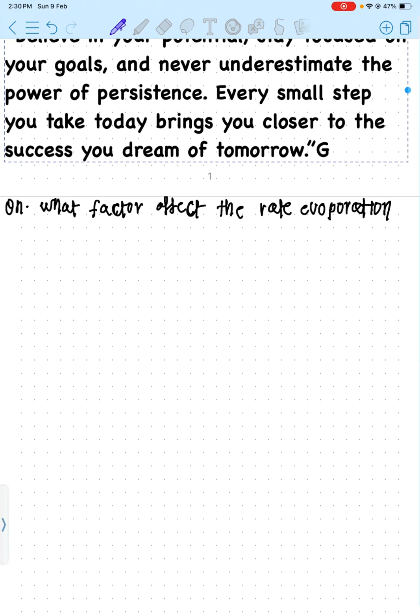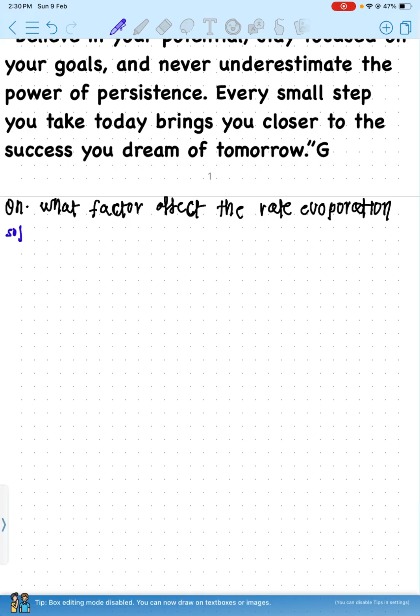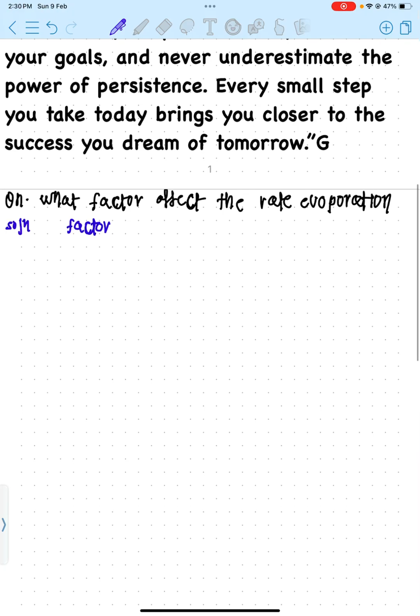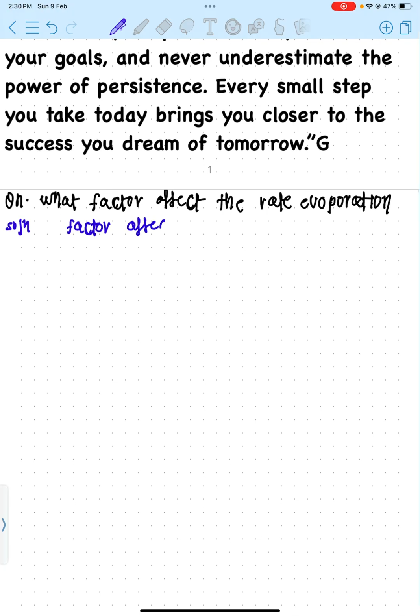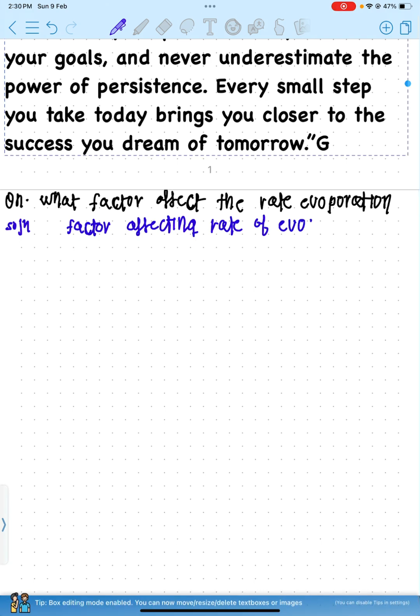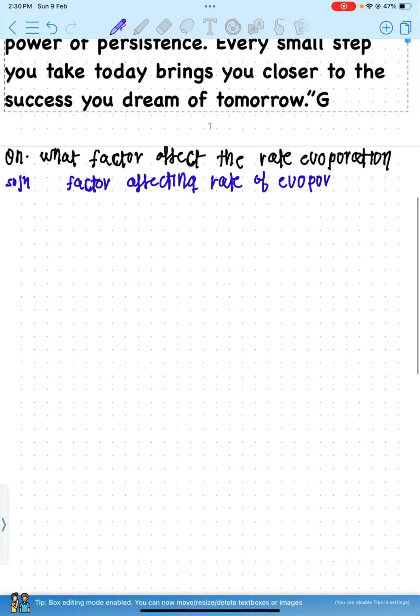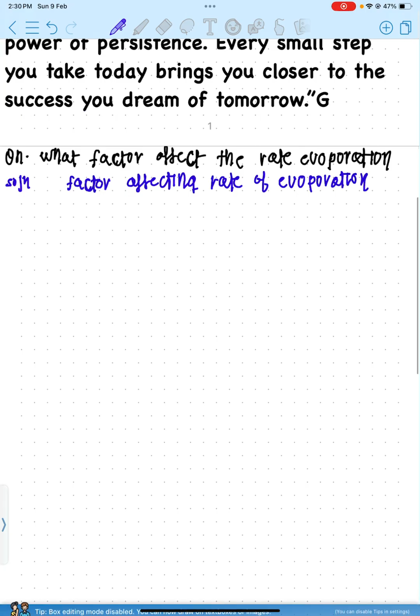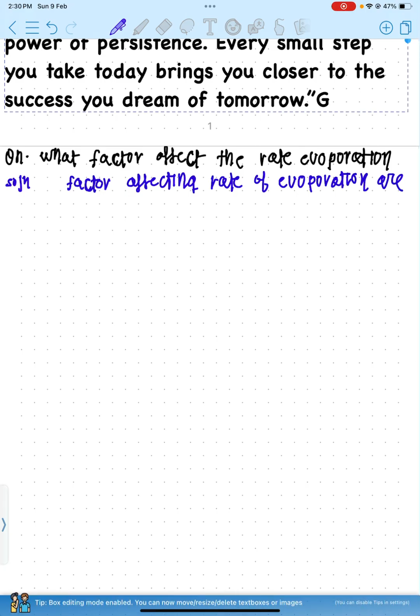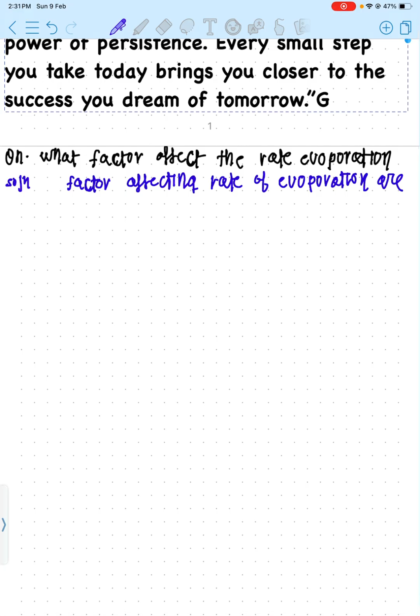The factors affecting the rate of evaporation are, first, temperature. Why does temperature affect it?